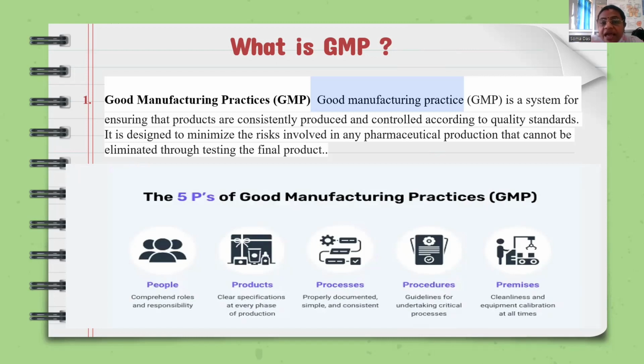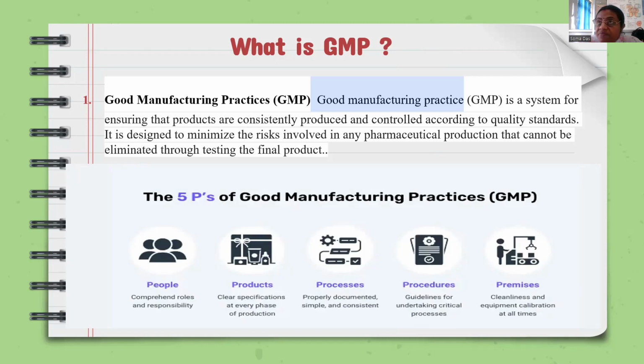While we design for GMP, the 5 P's of good manufacturing practices need to be remembered. That is, people, who have very important roles and responsibilities. Products, with clear specifications. Process, whatever process we go through to get our deliverable product, should be properly documented.